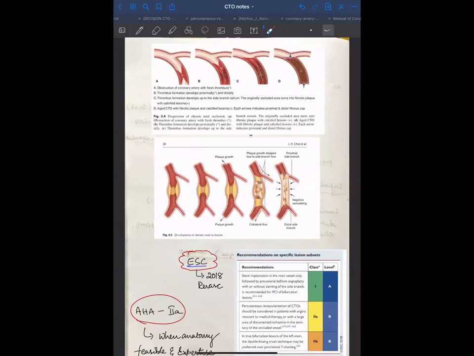I just wanted to know, if the patient is asymptomatic but there is definitely a large area of ischemia, say a stable CAD patient where you are doing a TMT, can we consider doing it? Yes, if it is more than 10% ischemia based on non-invasive imaging and the territory is viable, even if asymptomatic, we can consider it. Okay, thank you.